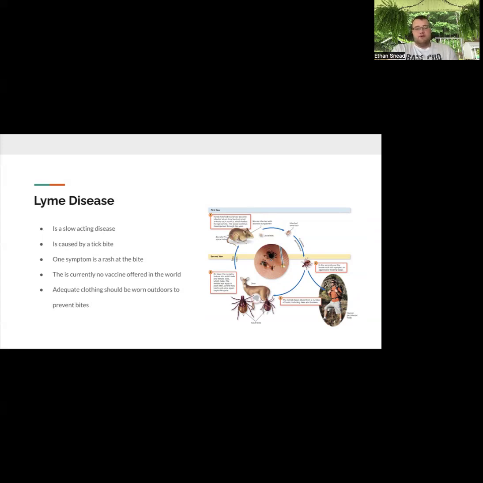It helps prevent ticks from getting on the skin, thus preventing bites. Here to the right is a cycle of Lyme disease. It starts with the tick biting other animals and so forth. If you wanted to pause and read it now, you can. But as said earlier, due to the limited time frame, we're just going to move on and keep trucking through this lecture.